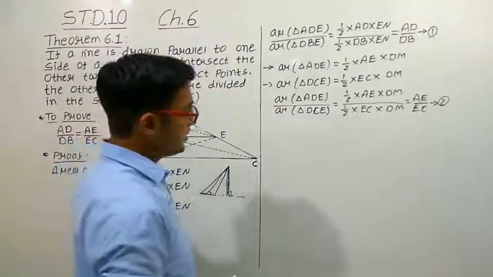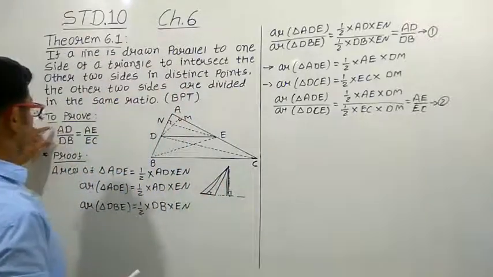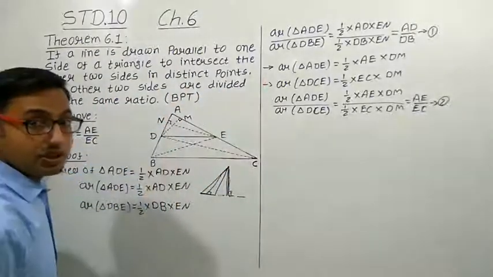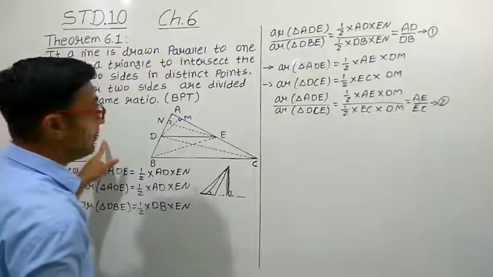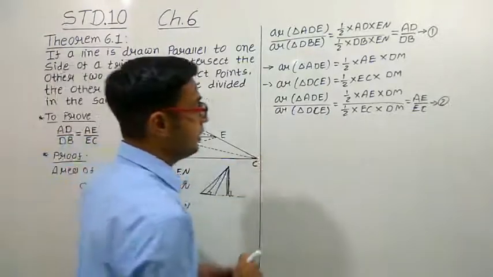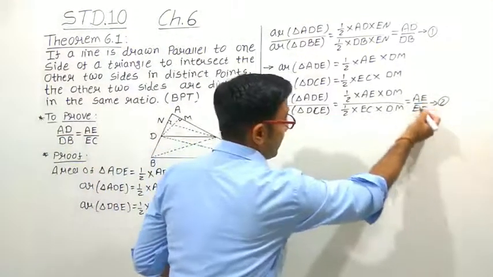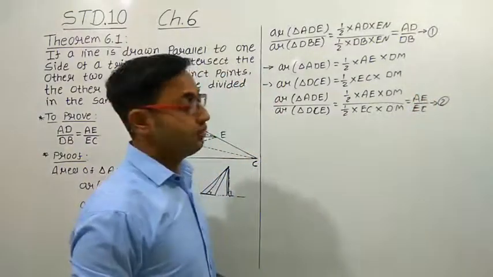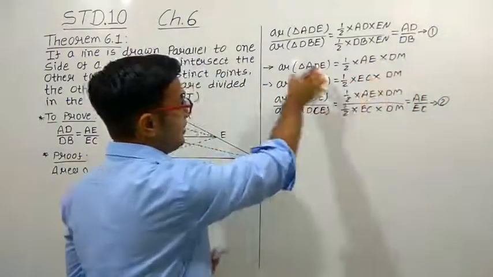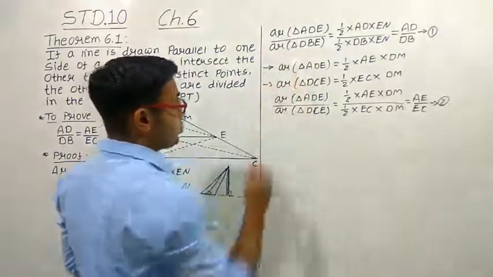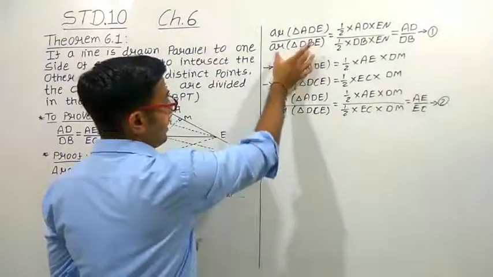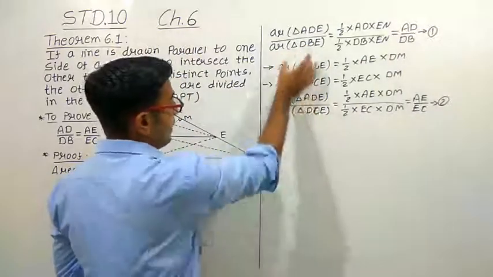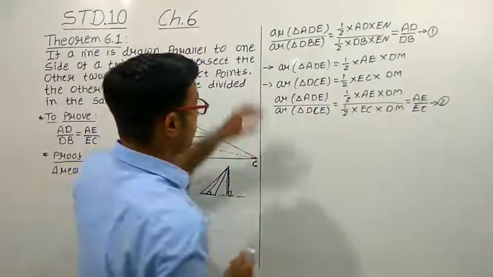Now see, the required thing AD upon DB, we get in equation number 1. The second thing, AE upon EC, we get in equation number 2. But these two things we cannot directly compare, because both are equal to different ratios. So anyhow we have to equate these two ratios. Now see here.